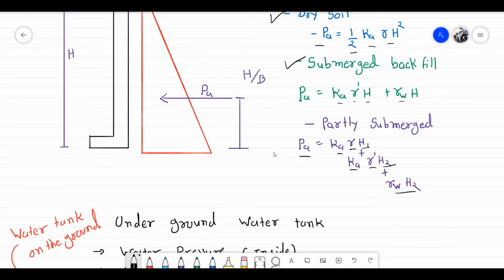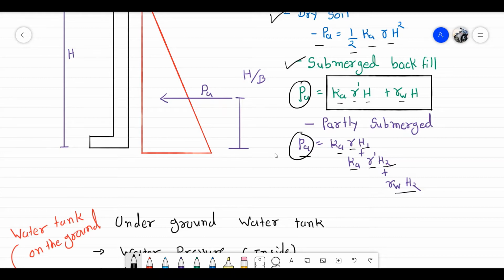You have to remember these equations because this pressure will be included. If submerged backfill, we use this equation for the calculation of moment.